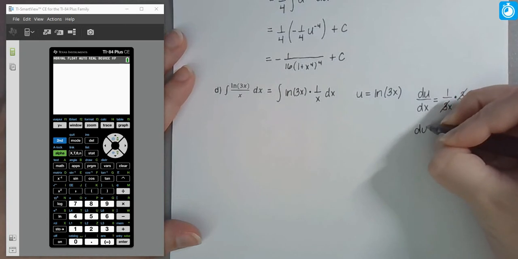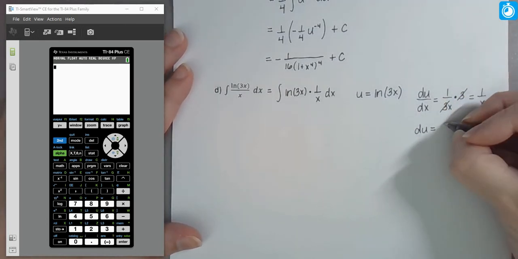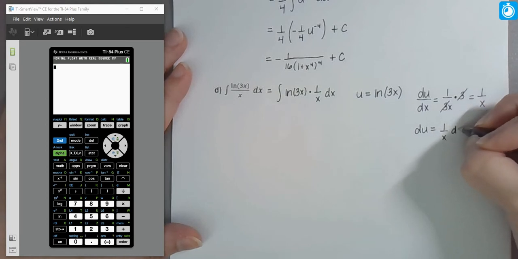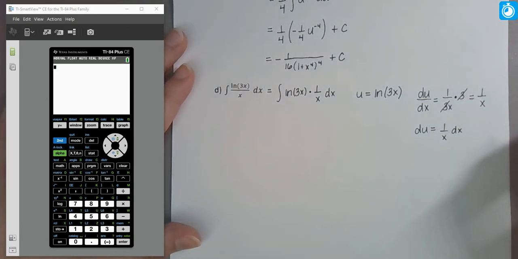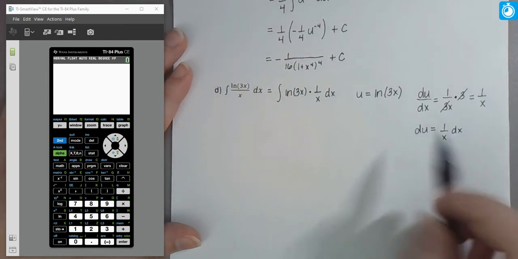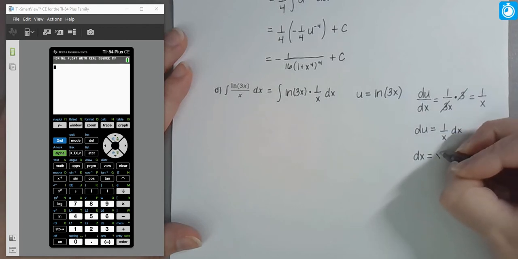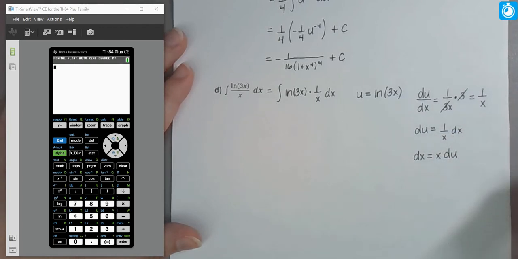And so solving for our differentials, we have du is equal to, move the dx over, so 1 over x dx. And then if we want just dx, we'll move the x over, multiply both sides. So we have dx is equal to x times du.